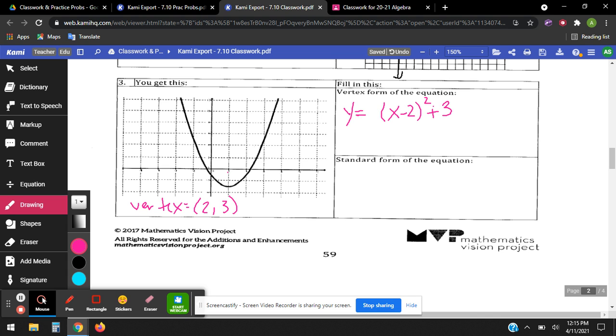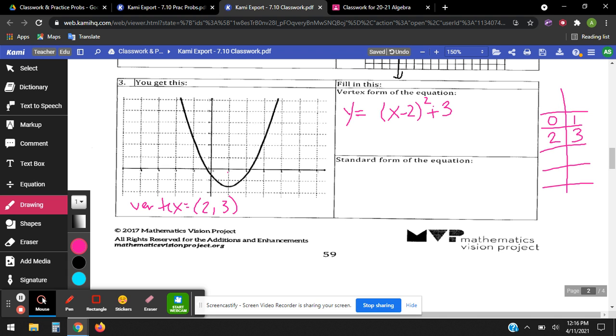So now I need to make my table with some points so that I can see if I have an a value in there at all. So let's go ahead and come over here. I know I have 2, 3. So is 1 a good one? Not really, but I have 0 and 1.